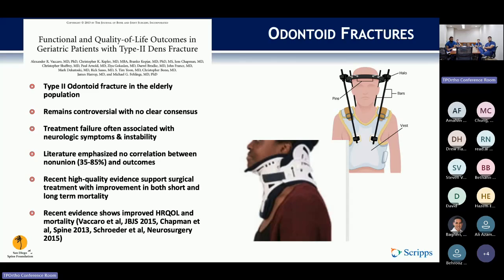So you really just got to weigh the risk benefit profile of the patient and do some shared decision making. And for surgical options, as we spoke about, the odontoid screw is one option, posterior C1-C2 transarticular screws, or occipitocervical fusions. These are all different strategies that can be used.